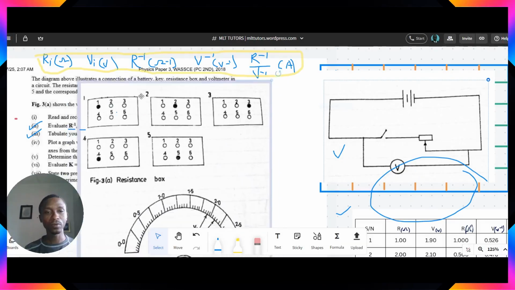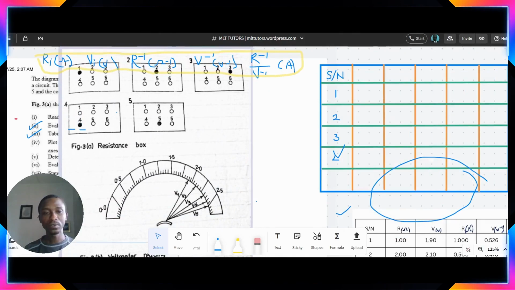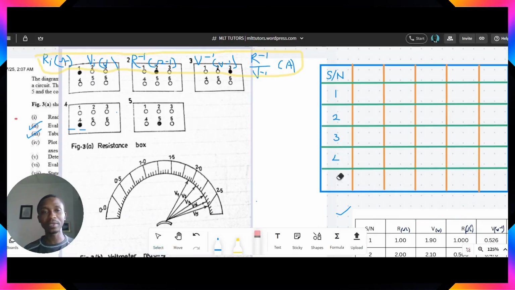We definitely need this. This is where we got our values from. So we have our table here now. I've already prepared the table ahead of the class. The next thing we need to do is just fill up the table. According to the question, we are supposed to compute R first. So let this be Ri, in ohms.